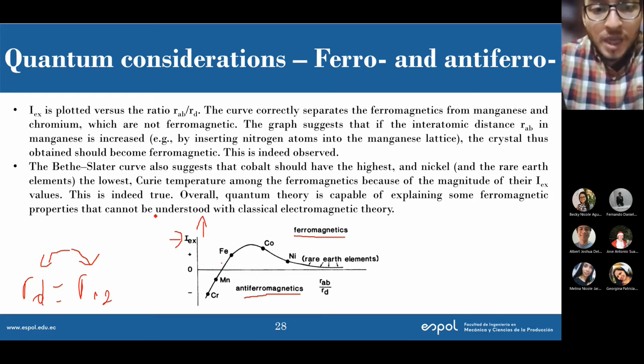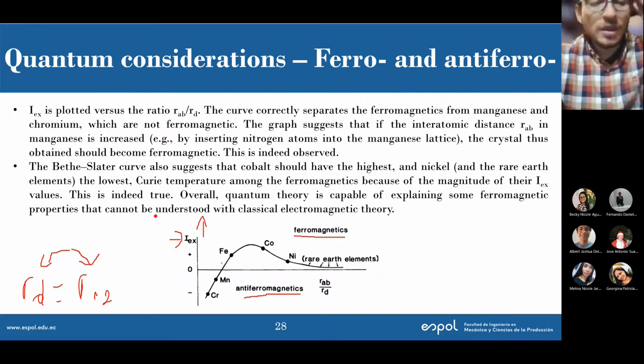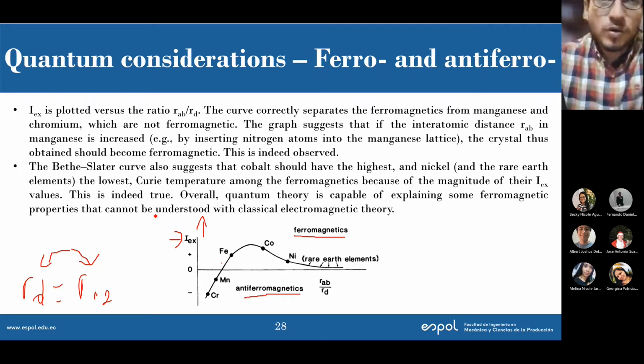And if, for example, you dope or alloy your manganese with nitrogen, this interatomic distance will be increased, and then manganese alloyed with nitrogen will be somewhere here, so it will become ferromagnetic.